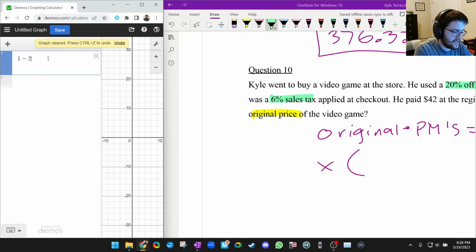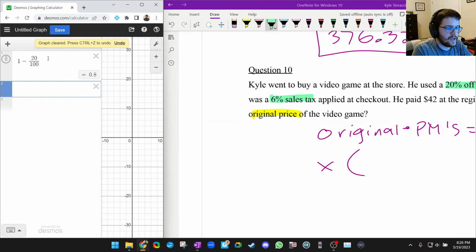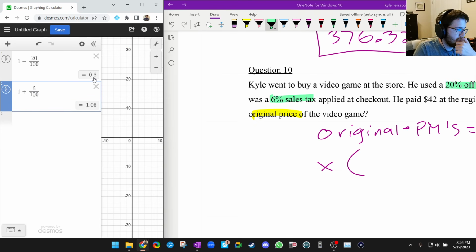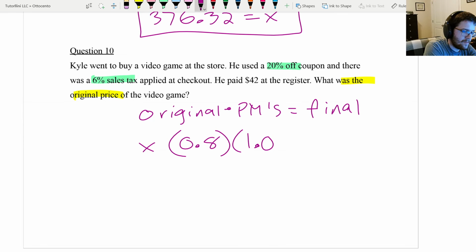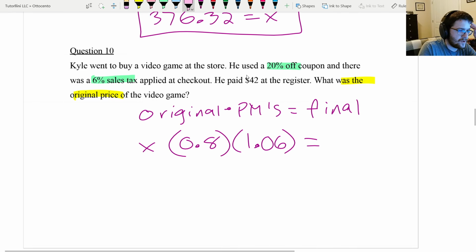So 1 minus 20 over 100. And then 1 plus, because sales tax is an increase, 6 over 100. 0.8 and 1.06. All right, and remember, when we have more than one, we just put them next to each other. We stack them. We don't add them or anything like that. You just put them next to each other. And the final price is what he paid at the register, which is $42.